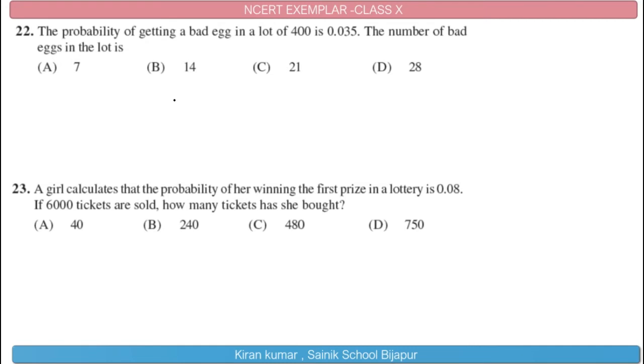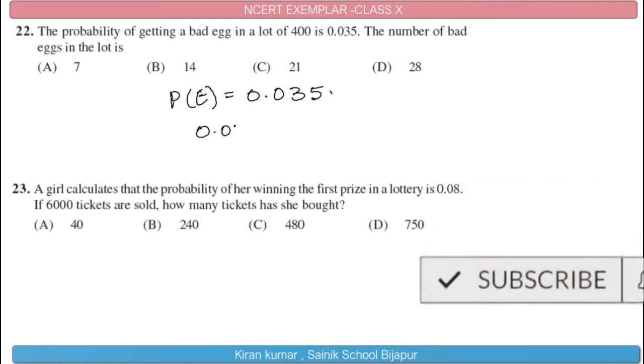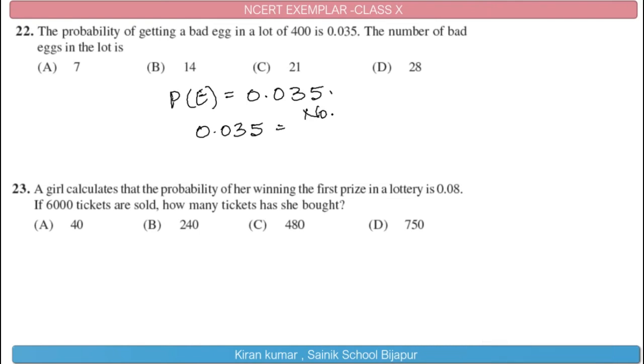Here, the probability of the event of getting bad eggs is 0.035, which is nothing but the number of bad eggs out of the total number of eggs.